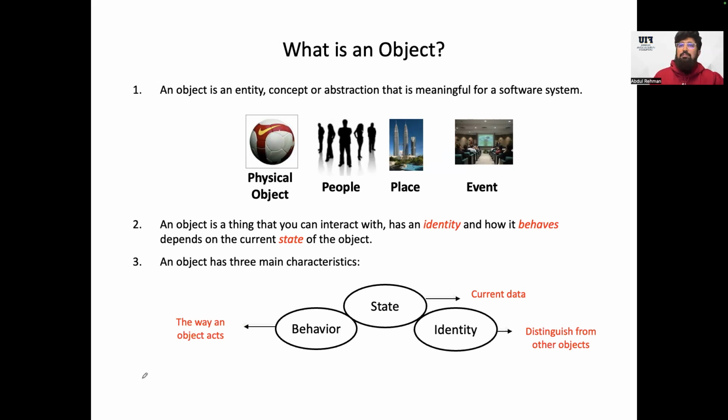For example, if you're talking about any event, a human, an animal, places, or any other object such as a football or a cricket ball or bat. So anything that we can see and that is actually the focus of our system could be considered as an object.